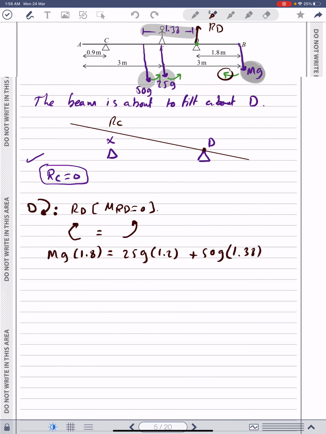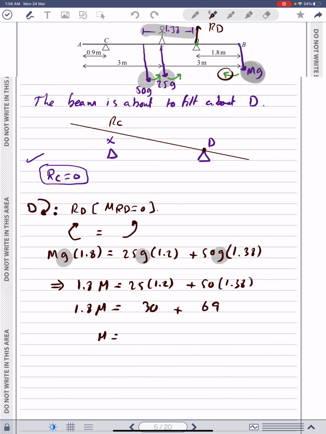Solving this for m that he wants, g again is a common factor, so this will imply that 1.8m equals 25 times 1.2 plus 50 times 1.38. Using the calculator, of course, you will get 1.8m equals 30 plus 69.